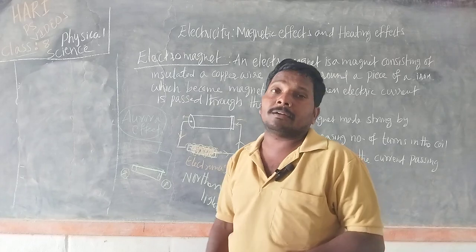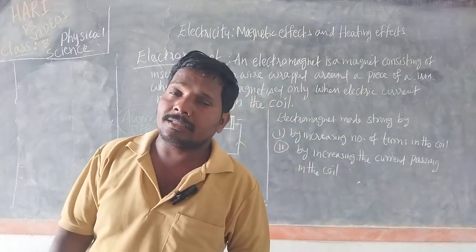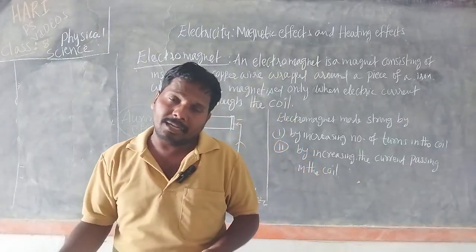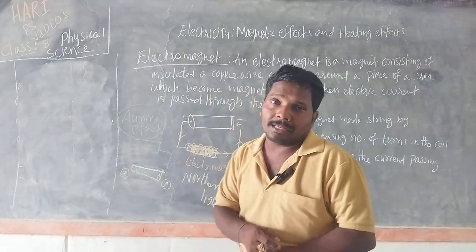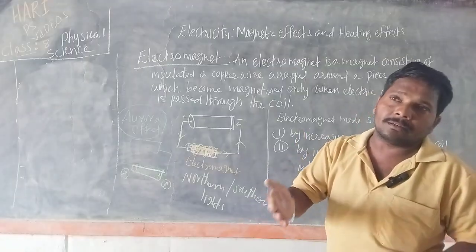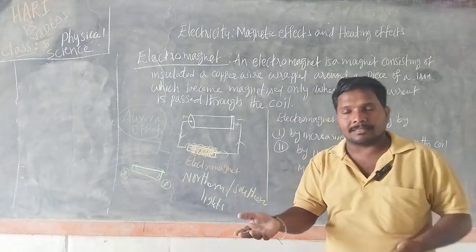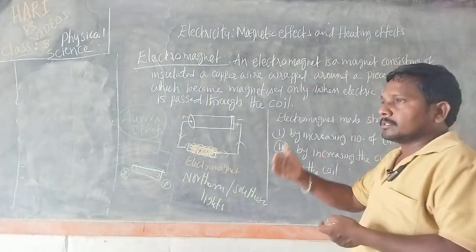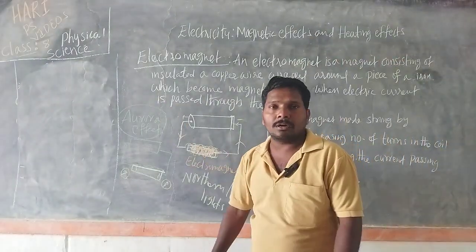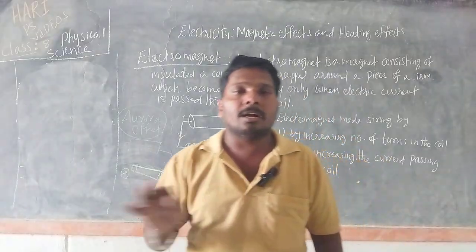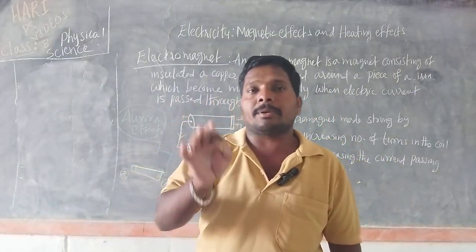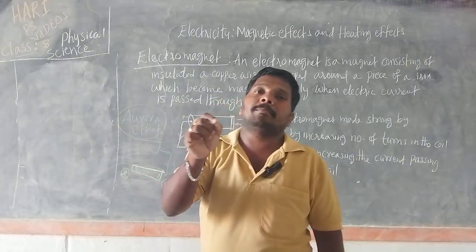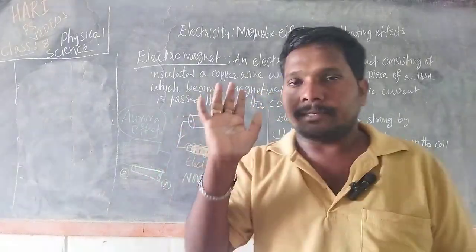But we cannot separate plastics, synthetic clothes, and glass, because fibers, plastics, and glass are not magnetic substances. They won't be attracted to the electromagnet. That's why we should not use electromagnets to separate scrap like plastic, clothes, and glass.